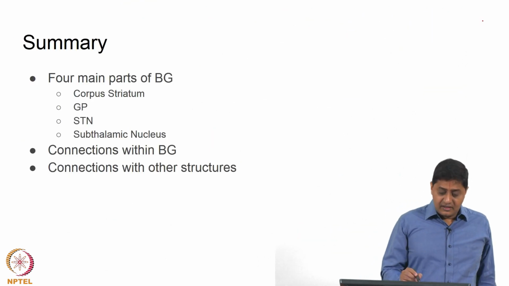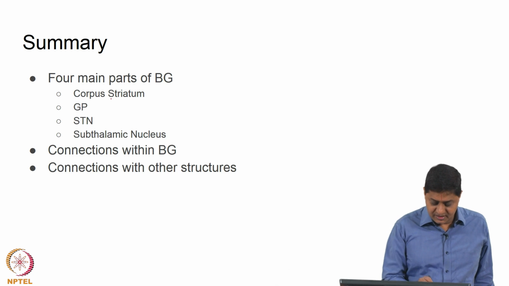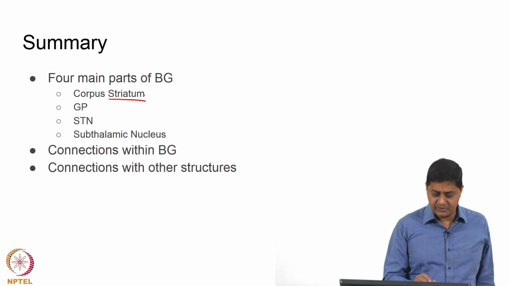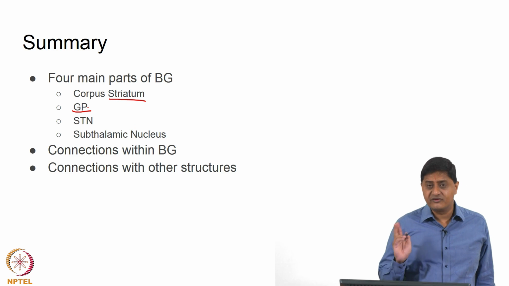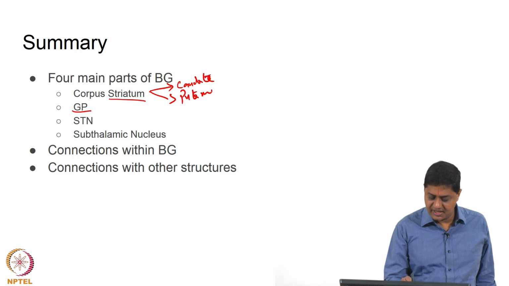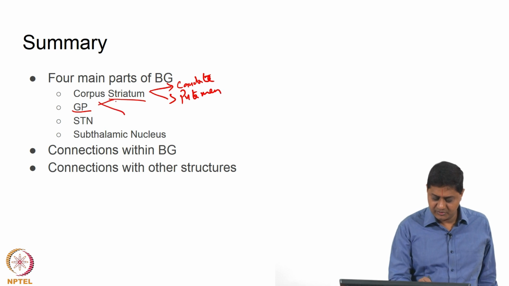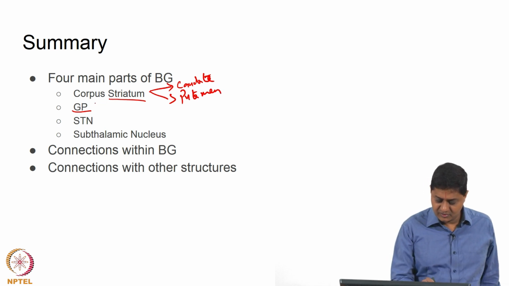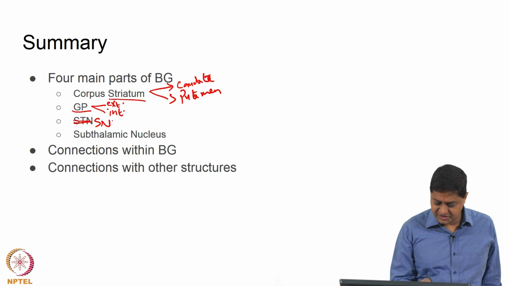So, in summary, basal ganglia is composed of 4 parts: striatum, which is basically caudate and putamen; globus pallidus, which is composed of 2 parts. So, let us write out all the sub parts of these. Striatum, basically composed of caudate and putamen. Globus pallidus is composed of external and internal. I am going to call the substantia nigra as SN.